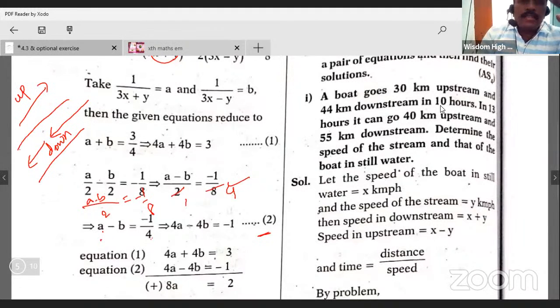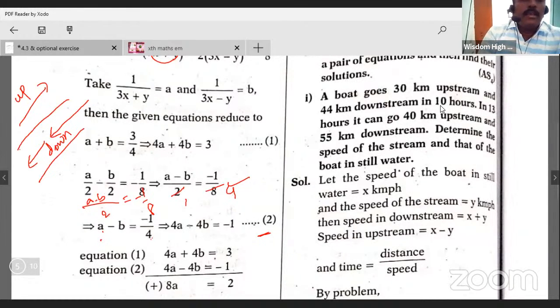Simple way: in the canal, suppose water is flowing this way. If you go in the same direction as the water, you are going downstream. If you want to swim opposite to the water, that is upstream.